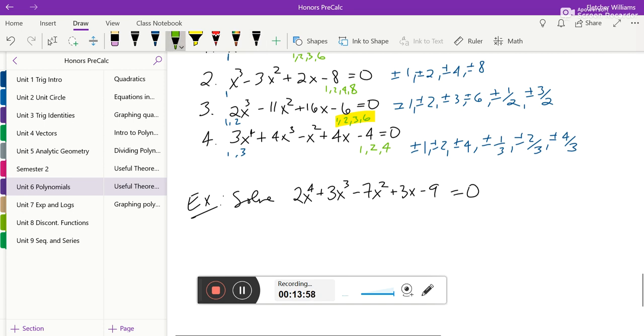So let's start by going through what factors we have. I've got 1, 3, and 9 from that term, and from the leading coefficient 1 and 2. So what are the possible rational roots?